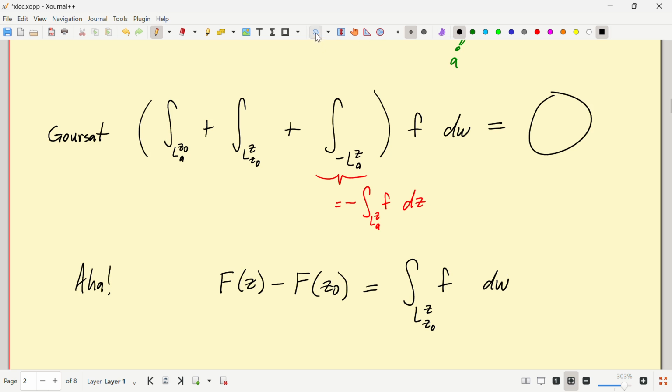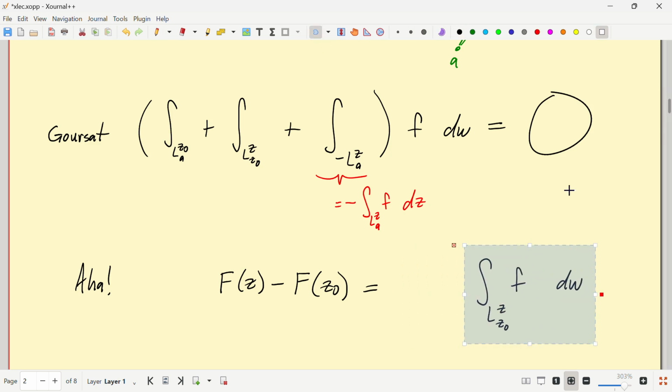Let me move this over a little bit. And now, what do I want to do? I want to divide by z minus z naught, so I'll have a difference quotient to mess around with.